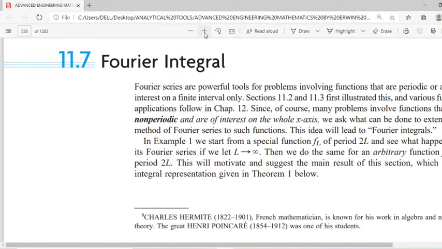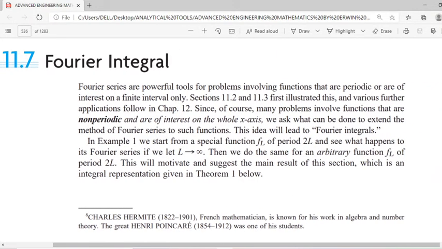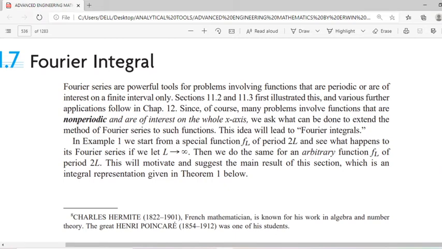I think you have studied Riemann integration, Riemann-Stieltjes integration, Lebesgue integration, Lebesgue-Stieltjes integration, etc. While we consider periodic functions, we can consider these Fourier integrals, so that you will get the results in a different way.